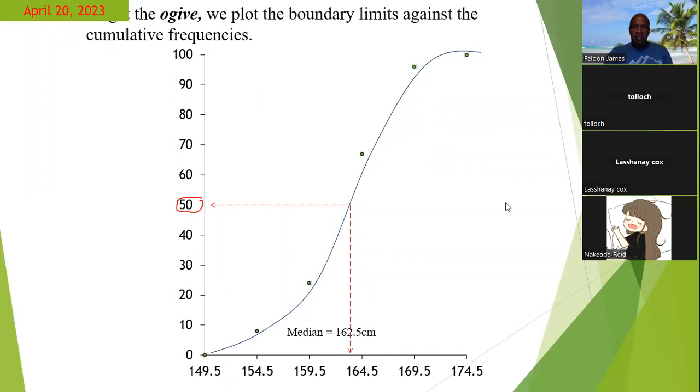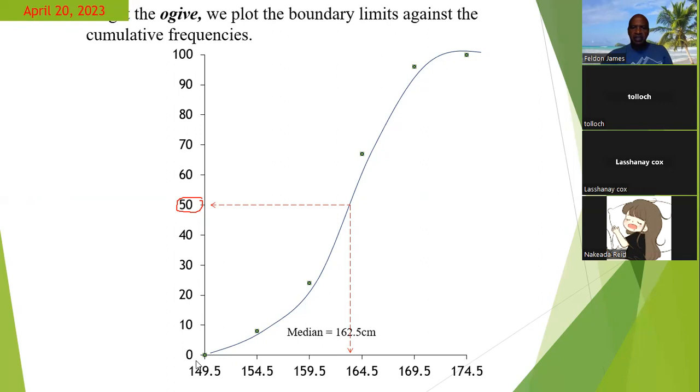Now notice, students, because sometimes students confuse the median value with the midway value on the frequency column. So the median value is not a frequency. The median value is one of the x values read from the x-axis.